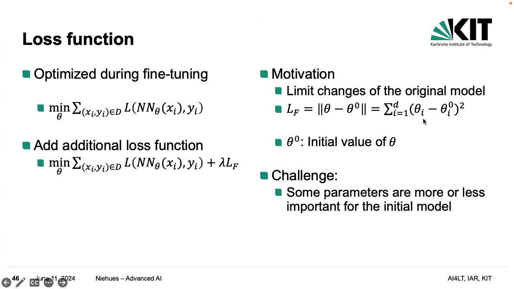So if we're adding this, we're preferring solutions where this difference is as small as possible, because that means that we are hopefully keeping a decent, good initial model. Now, of course, this measure is not super perfect, because maybe some parameters are more important for the output. All this is not considered, but it's a decent approximation of that.